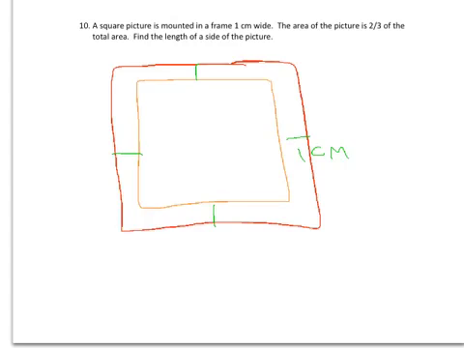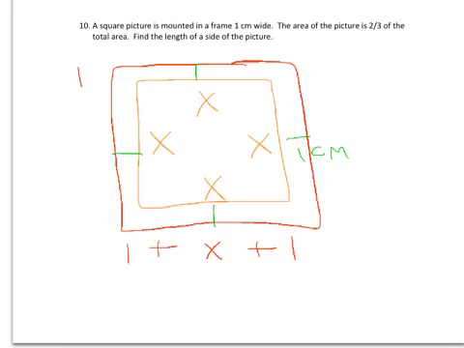And so what we have to do is figure out, okay, how big is my square? Well, we don't know what the edge of the square is, but all these sides are x. It's a square, so all the sides have to be the same. And if I know that all the edges are 1 centimeter, then when I look at the edge of my frame, it's going to be 1 centimeter this way plus x units in the middle plus 1 centimeter this way.